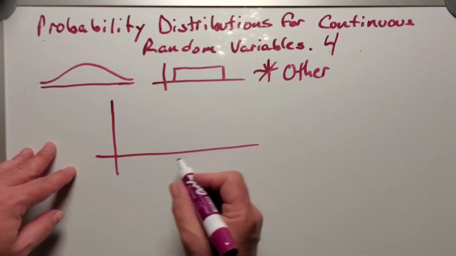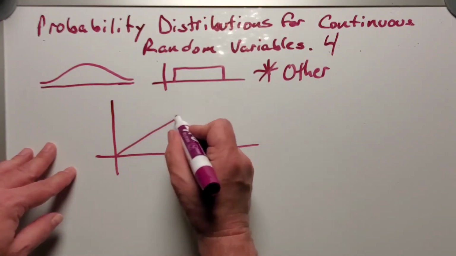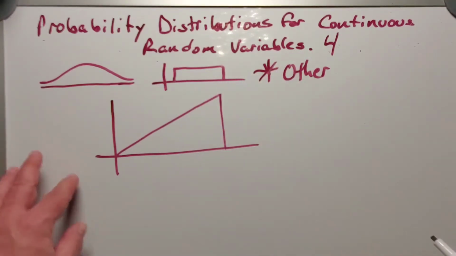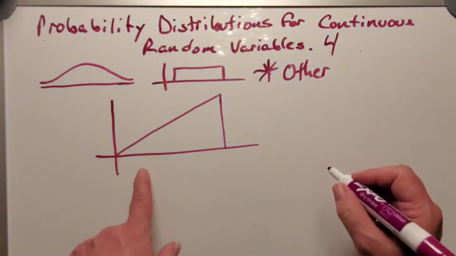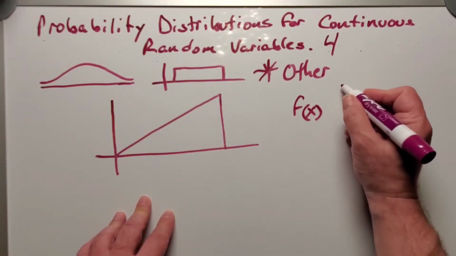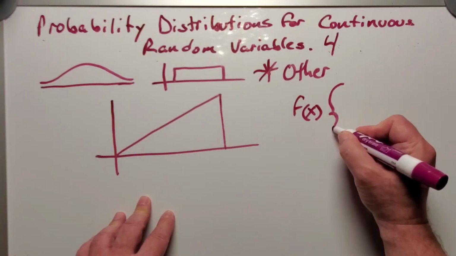Let's imagine that we have a probability distribution that looks like this. Yes, it's possible. This is triangular. I'm going to write out the rule that defines this probability distribution this way. This is a very common way for this thing to be written out.